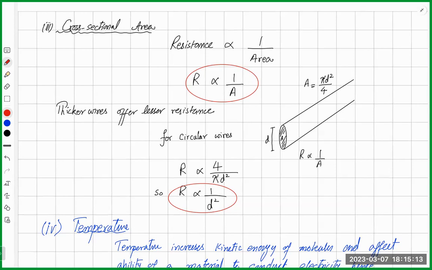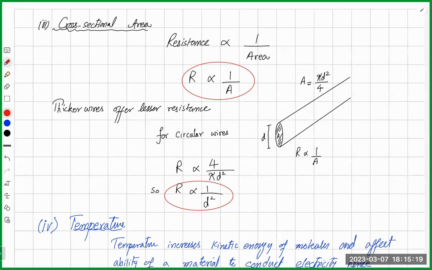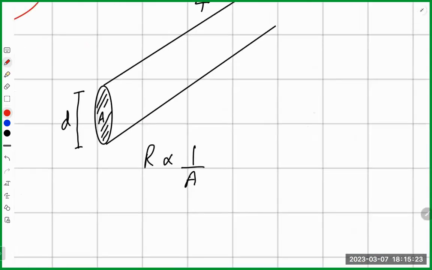Now, one more problem that students normally have. When I ask them the area of a circle, normally it is A equals pi r square. But this is for math only.